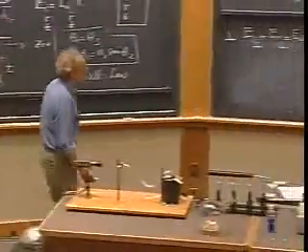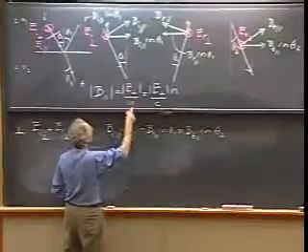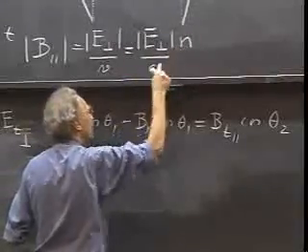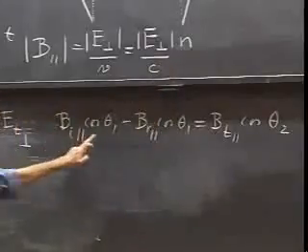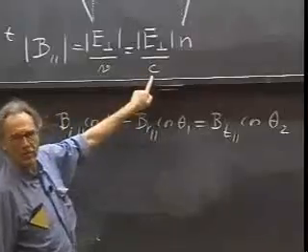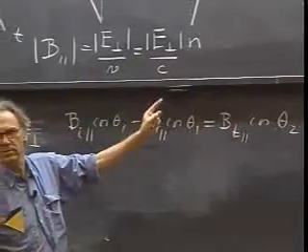So I'm going to replace now the parallel component by the E perpendicular divided by V, or E perpendicular times N divided by C. So each one of these terms now is going to be replaced by this. They all have a C downstairs, so the hell with the C's. I will not write the C's.